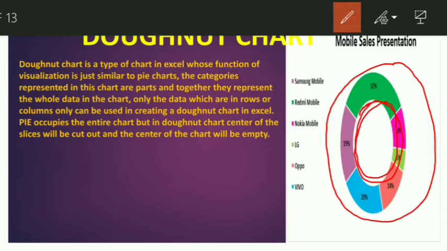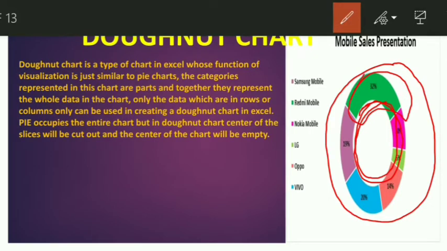A doughnut chart is a type of chart in Excel whose visualization function is similar to the pie chart. The categories represented are parts, and together they represent the whole data in the chart. You can see this is one part of the whole chart.